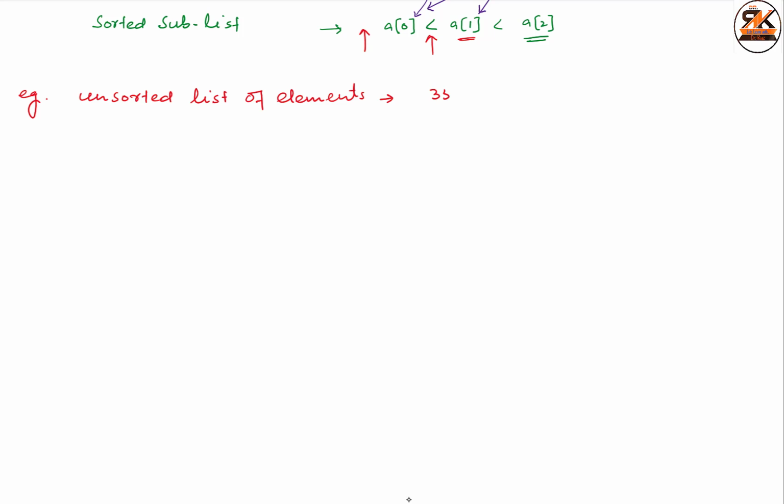Suppose we have 35, 20, 40, 100, 3, 10 and 15 as the unsorted list, and we have to sort these elements in ascending order by using insertion sort algorithm. As we are using the iterative method to explain this algorithm, there will be different numbers of rounds or iterations.